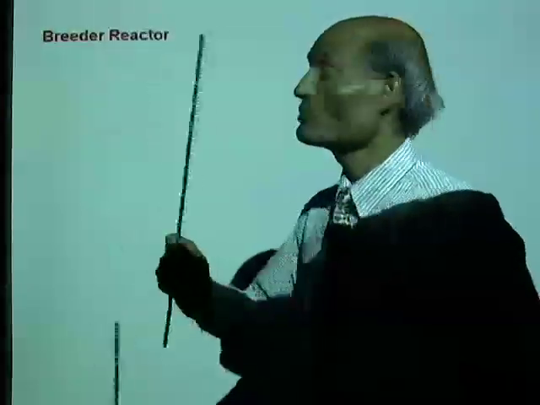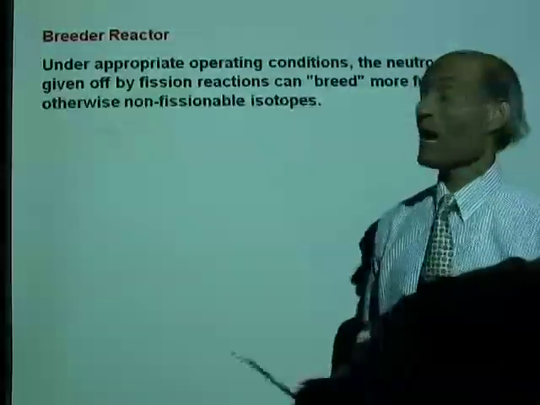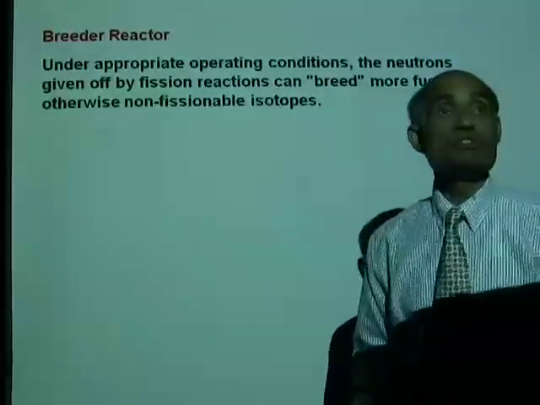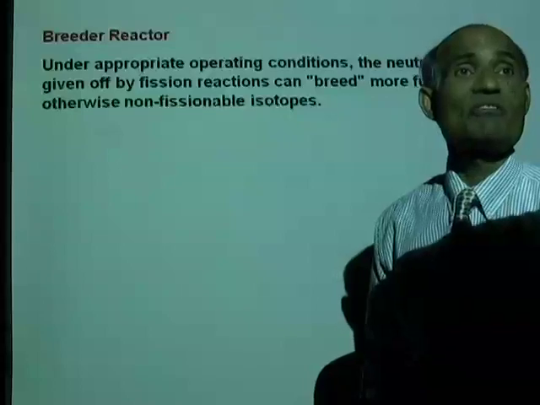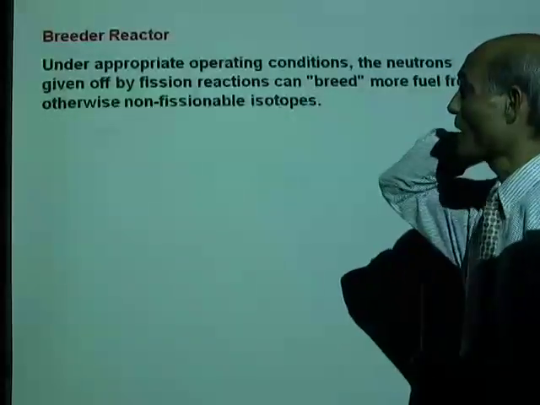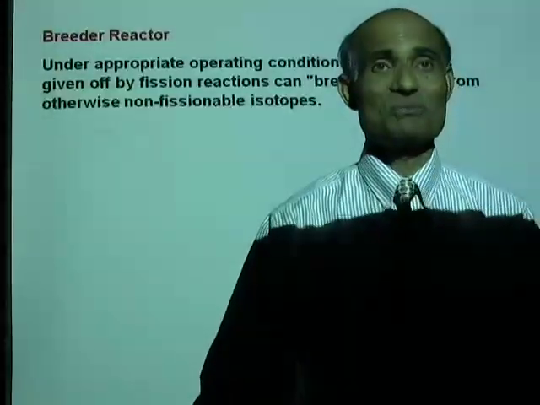So a breeder reactor will produce more fissionable material. Well, how can that be done? Under appropriate operating conditions, the neutrons given off by fission reaction can breed more fuel from otherwise non-fissionable isotopes.